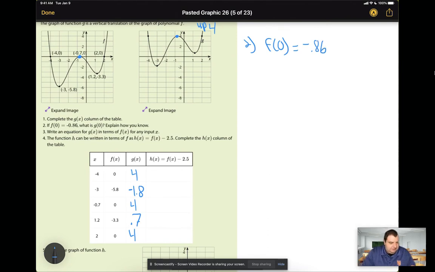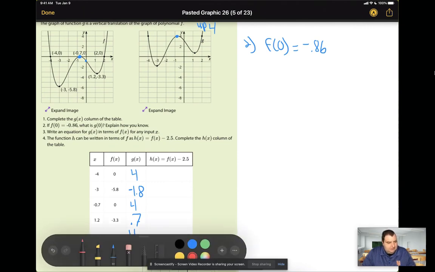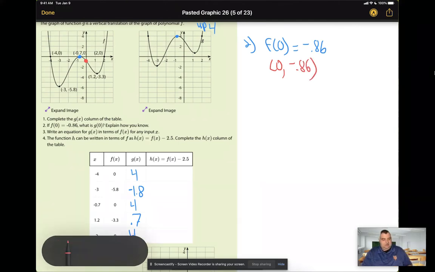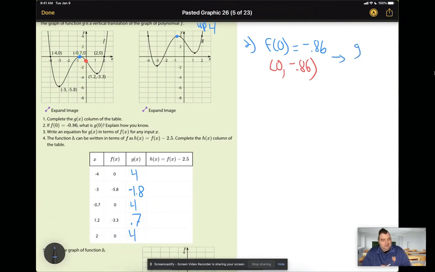What they're telling us is this point right here. So they're saying when x is 0, y is negative 0.86. And what they want us to figure out is, use that to figure out what is g of 0.